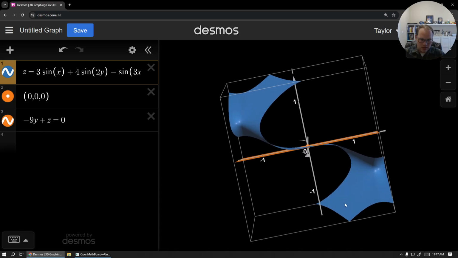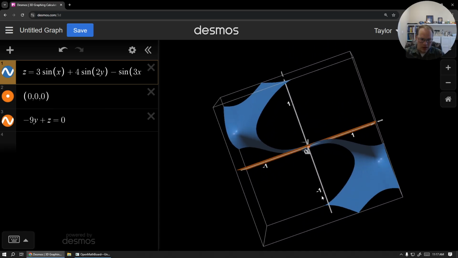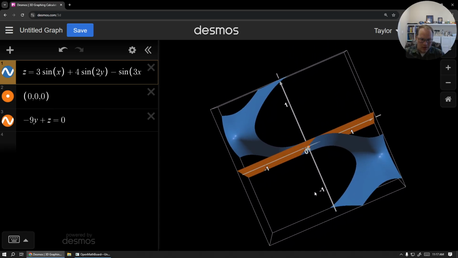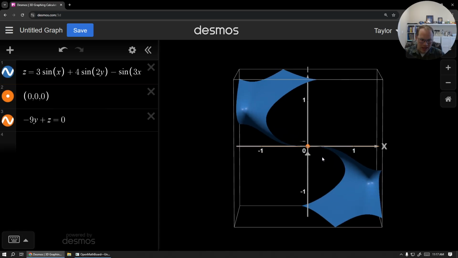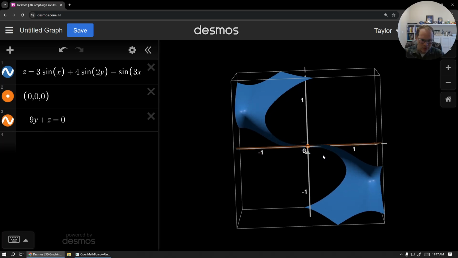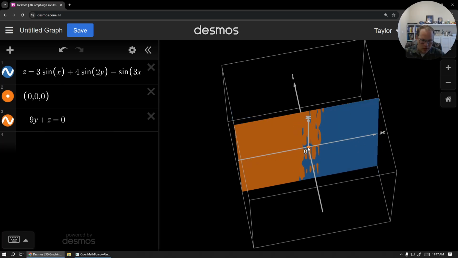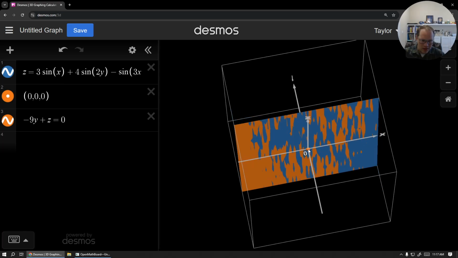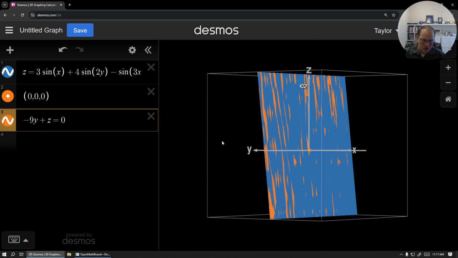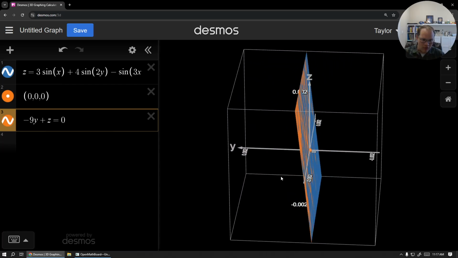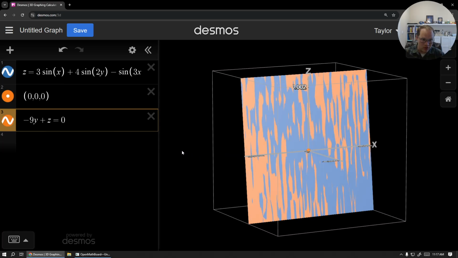You could see it kind of doesn't look tangent if you look at it right here, but if you look at it down this way, you could see that it will indeed be tangent to the surface. And the more we zoom in on the point, the more the surface and the plane look the same. In fact, it looks so much the same, you get this interesting effect where the software can't decide whether it wants to display the plane or the surface.